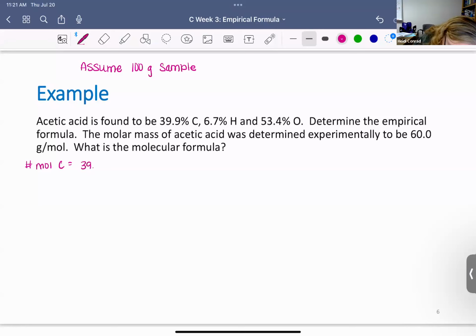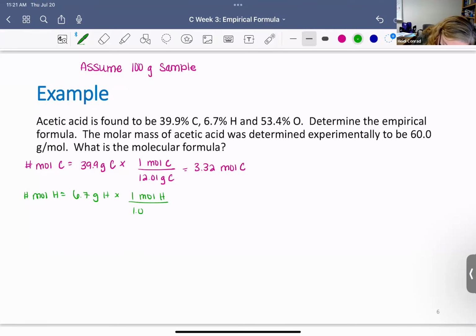that means I would have 39.9 grams of carbon. Carbon is 12.01 grams per mole. This gives me 3.32 moles of carbon. I would have hydrogen, 6.7 grams from that 6.7%. 1 mole of hydrogen is 1.008 grams.